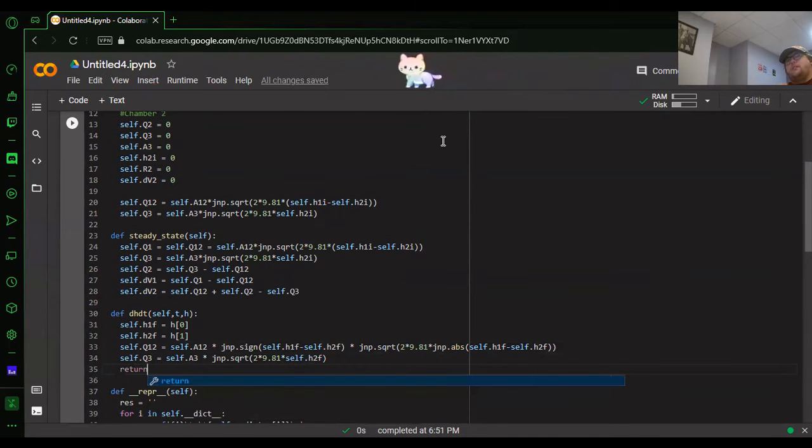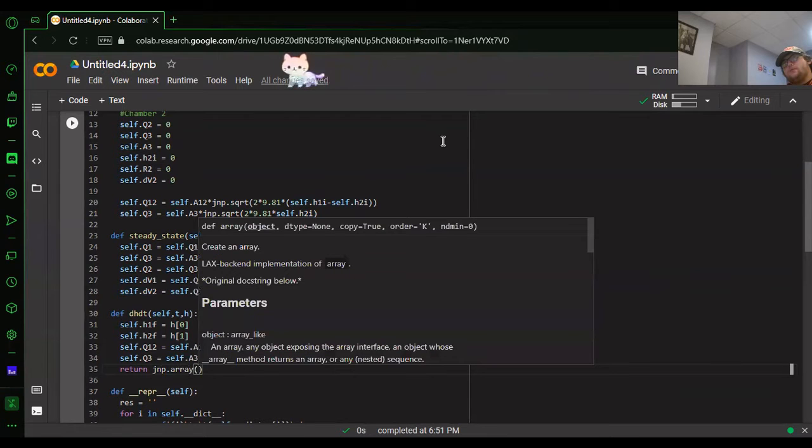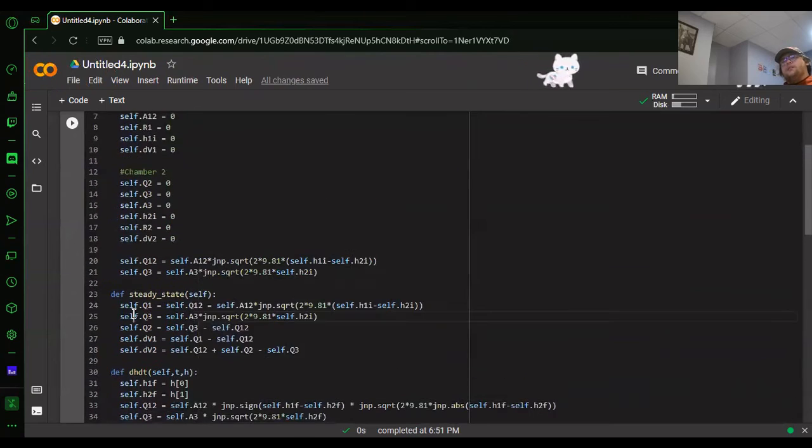And then finally, we can return an array using JMP again to find our dH dTs. So remember, dH1 dt requires Q, but our flow rate going into tank 1 will not be constant throughout the entire problem. It'll vary with time.